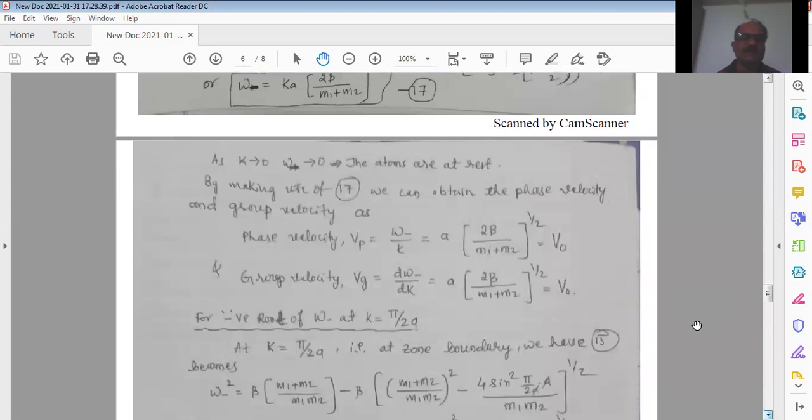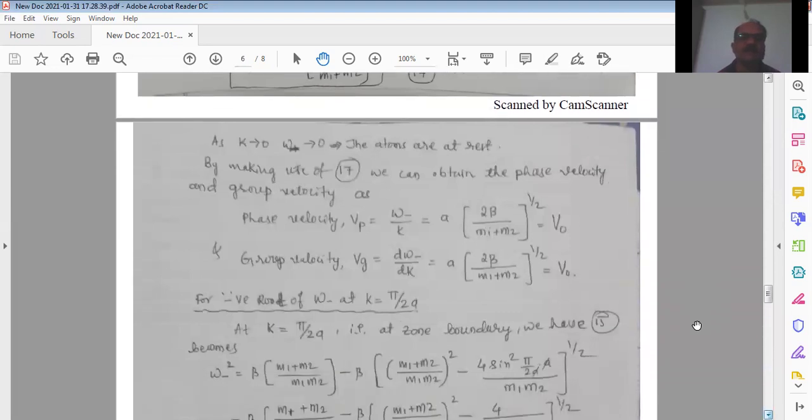Next, as k tends to 0, omega tends to 0, the atoms are at rest. By making use of equation 17, we can obtain the phase velocity and group velocity at this stage only. The phase velocity Vp is equal to omega minus divided by k. This is equal to a into root of 2 beta divided by (m1 plus m2) raised to half.